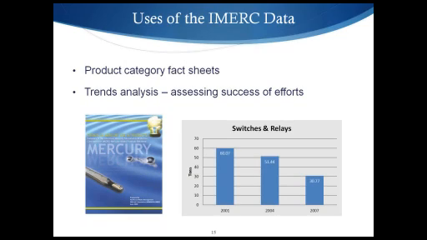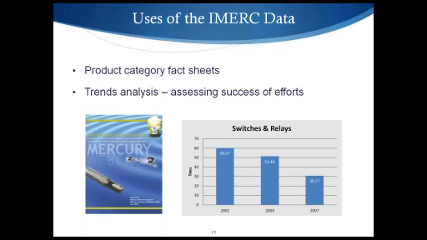So the product category fact sheets, again, they look at the specific product categories like switches and relays, talk about the uses of switches and relays, talk about the alternatives, talk about disposal, the mercury content, basic information that the public would probably be, it's certainly much more digestible to the public than the raw data. And it also enables the states to look at trends analyses.